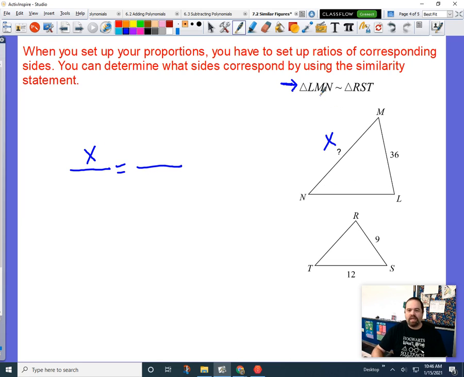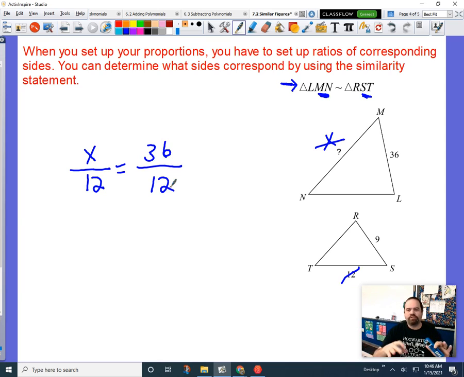Now X is MN, between M and N, so I'm going to match that up with the number between S and T. So X is going to match up with 12. I use that one, I use that one. They're not going to be used anymore. My second ratio is going to be 36 over 12. Now, I'm only giving you the 4 measurements you need.